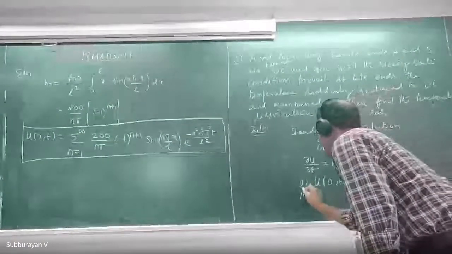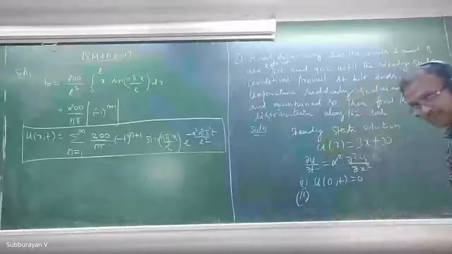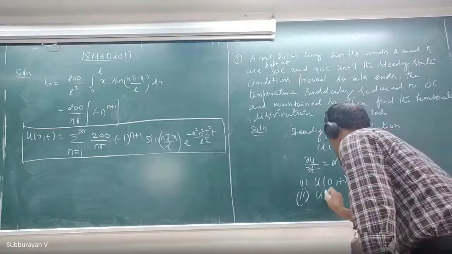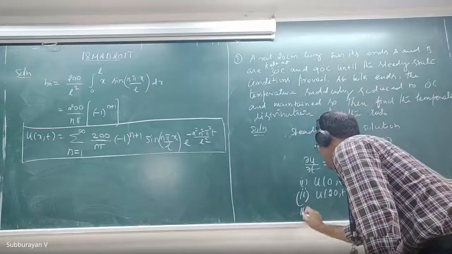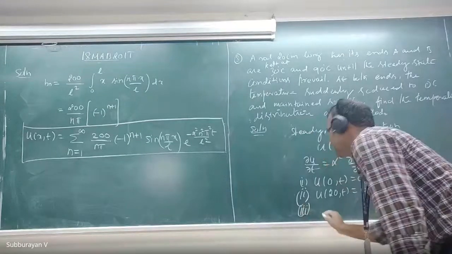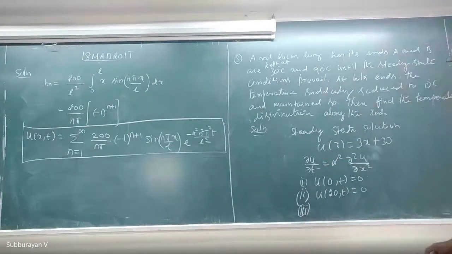And the second condition? u of 20 comma t is equal to 0. And the third condition? u of x comma 0 is 3x plus 30.